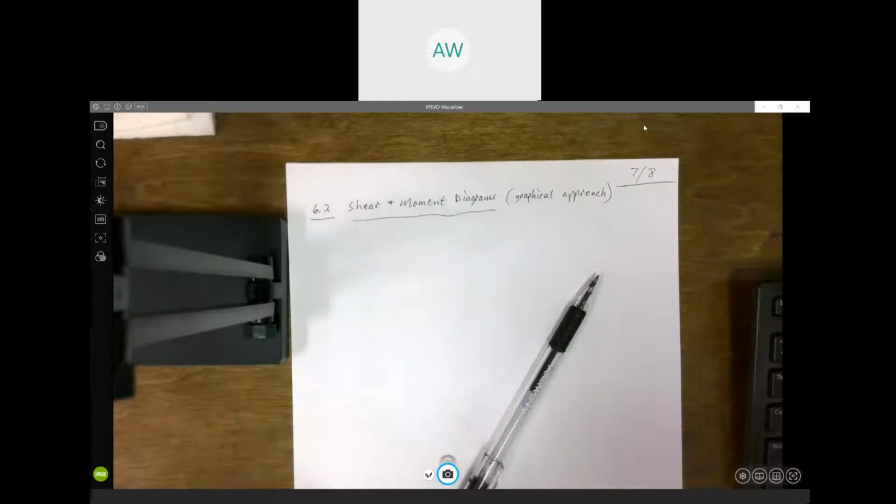All right. So today our topic is going to continue what we started talking about before our test yesterday, and that's drawing shear and moment diagrams.